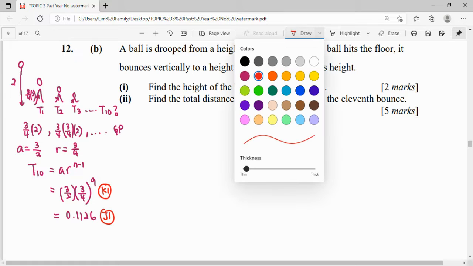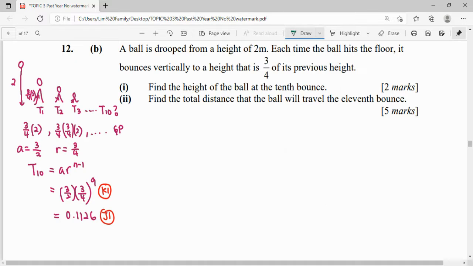So for the second question, they ask us to find the total distance traveled by the ball until the 11th bounce. So they will go up until the 11th bounce. So how far has this ball already traveled?